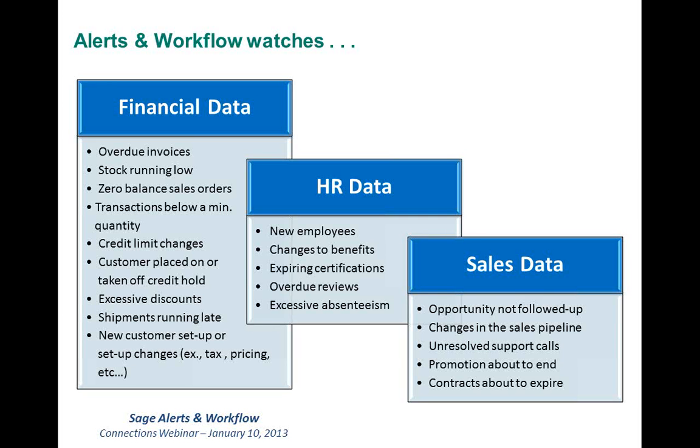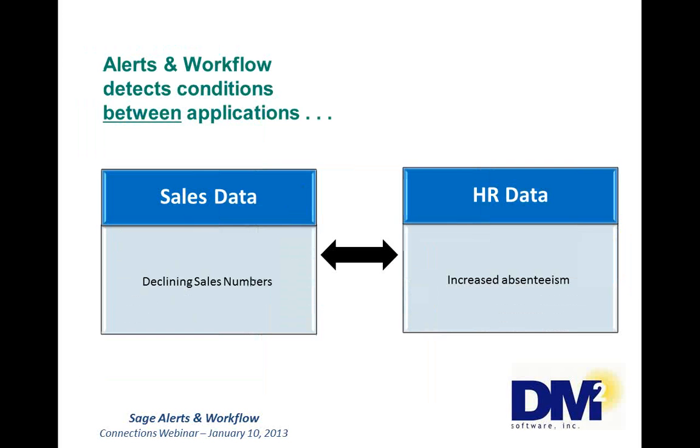So whether it's your financial data, human resource data, sales, customer service, or homegrown applications, Alerts and Workflow can look at all of those sets of data, see what's happening, identify those critical activities, and automatically respond to them. And how about that? Here we've actually got the example. I anticipated my own presentation here. I should have known better.